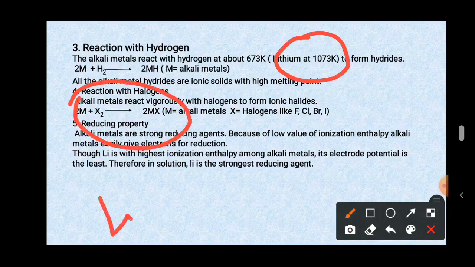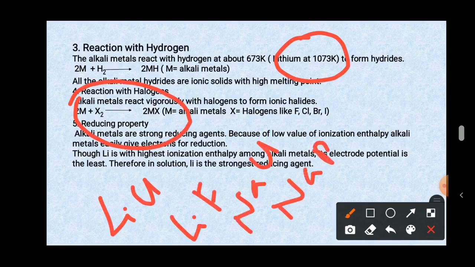That means lithium chloride, lithium fluoride, sodium chloride, sodium bromide. Halogens are fluorine, chlorine, bromine, iodine. All these can combine with alkali metals, giving lithium chloride, lithium fluoride, sodium chloride, sodium bromide, and likewise rubidium chloride, rubidium bromide.